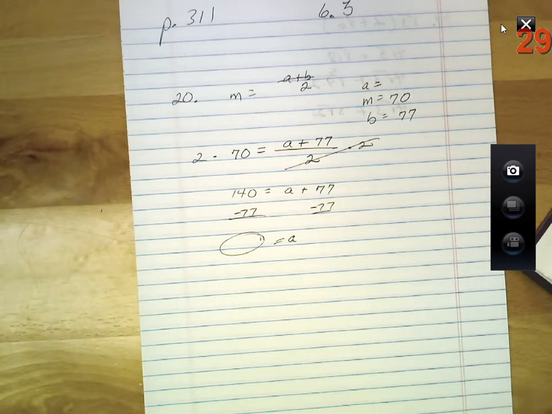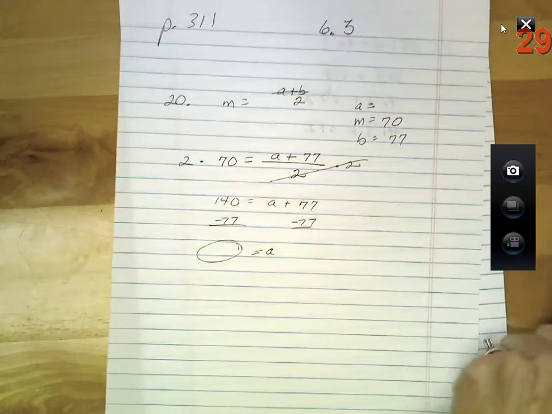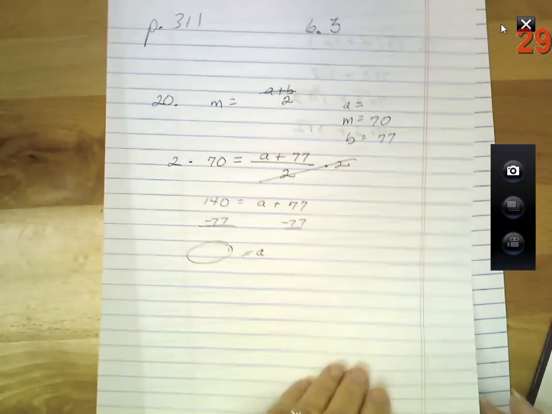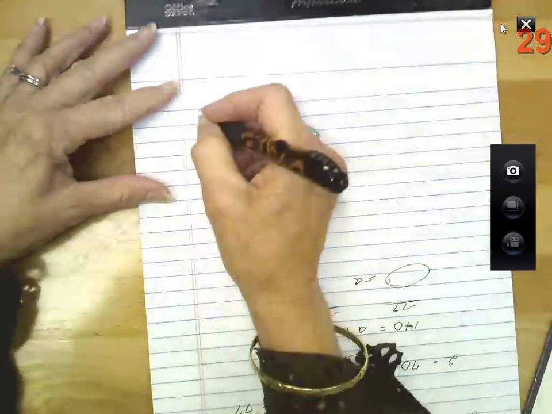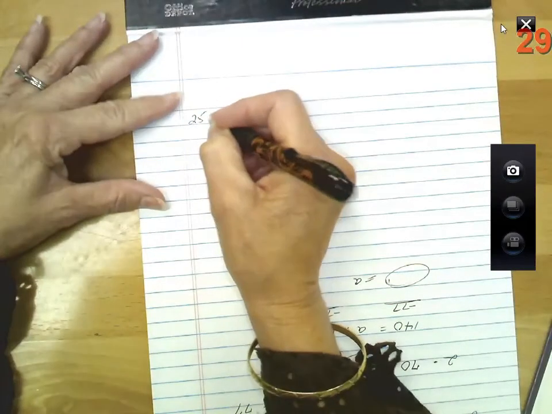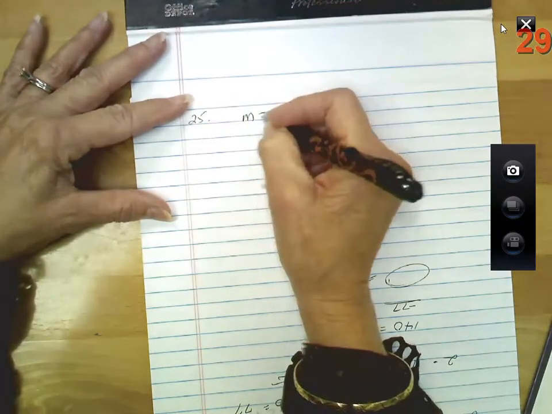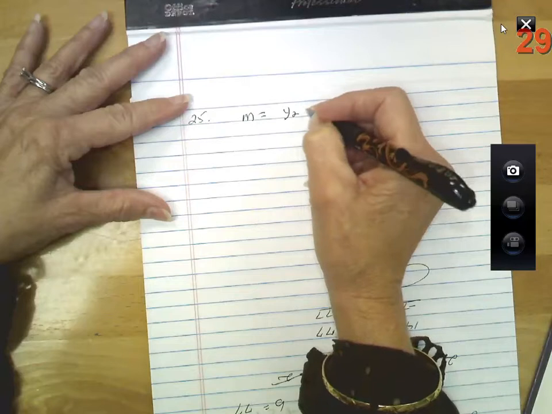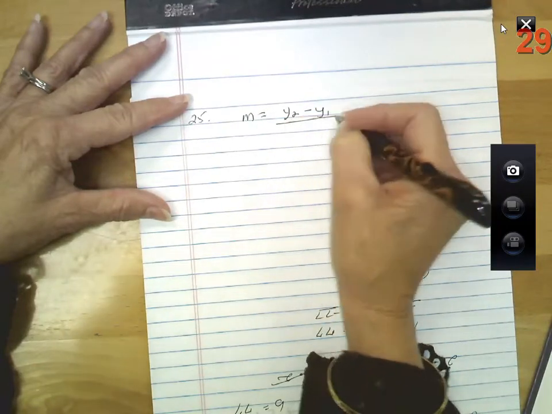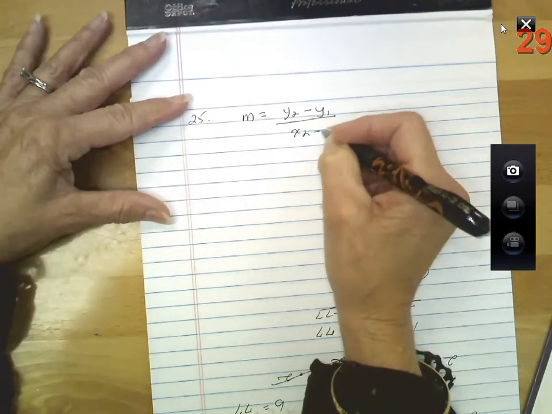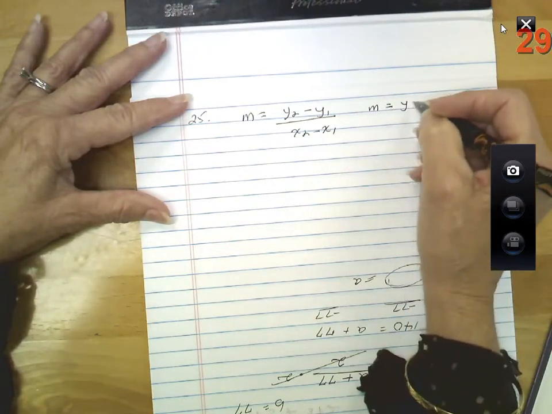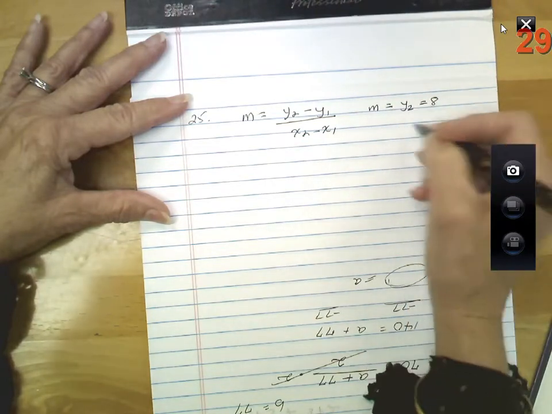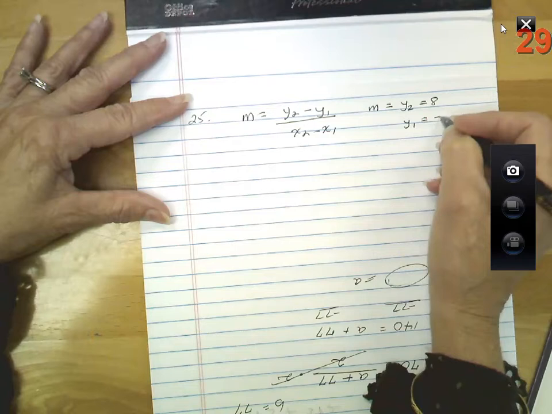Next page, a lot of them look horrible, but look at number 25. M equals y sub 2 minus y sub 1 over x sub 2 minus x sub 1. Find M when y sub 2 is 8 and y sub 1 is negative 4.